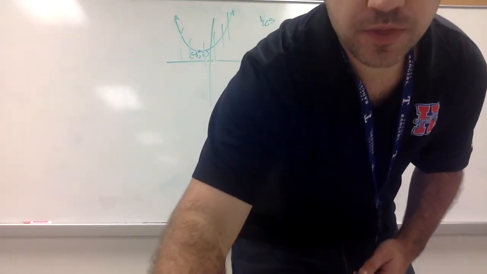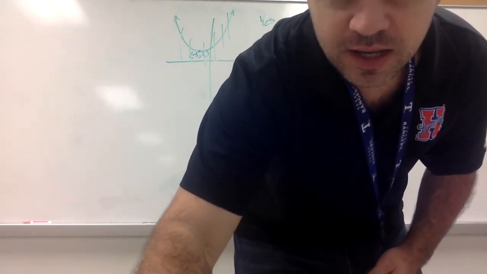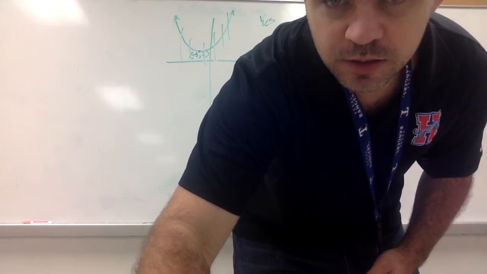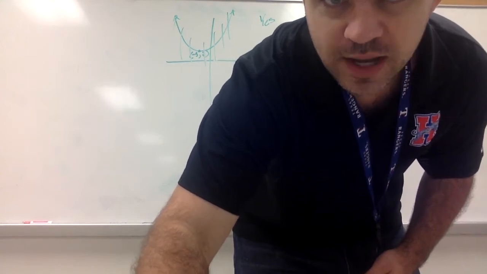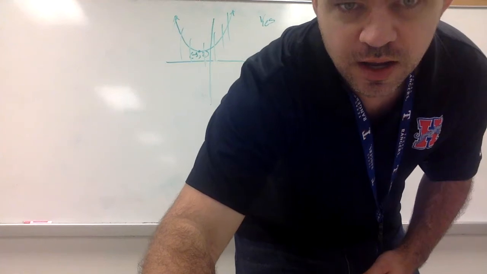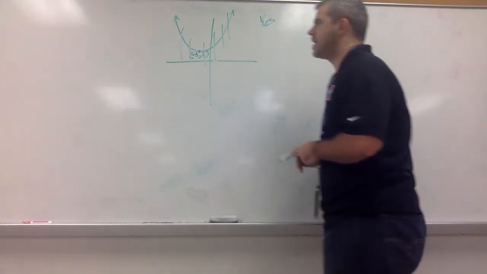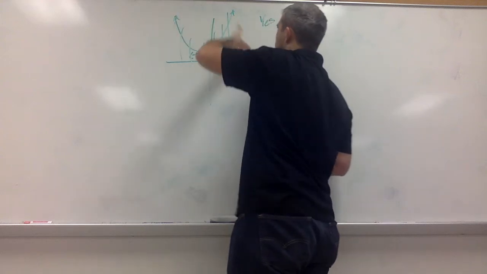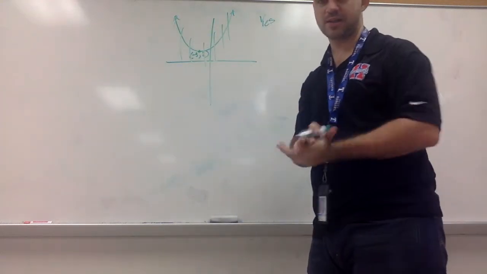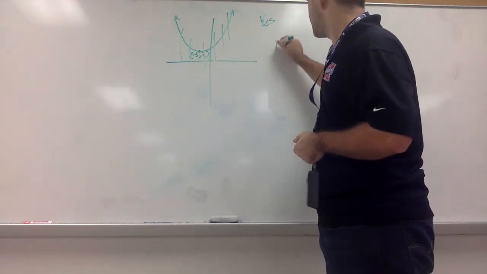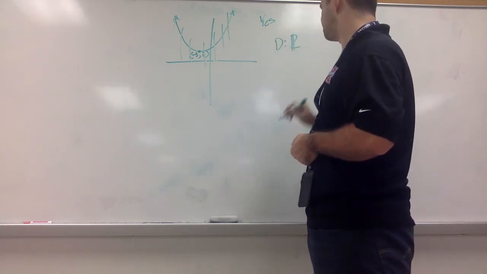Okay, so then it asks, what does it ask next? It asks for the domain and the range. So the domain, what can we plug in here? What can we square? Well, we can square anything we want. So the domain is all real numbers.